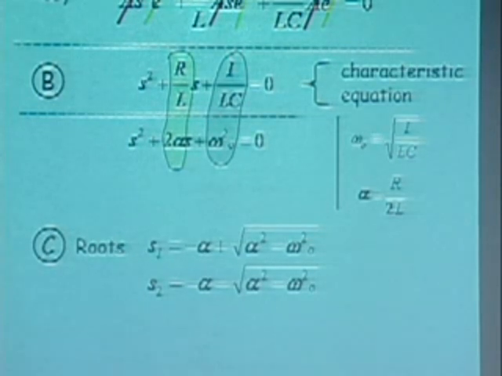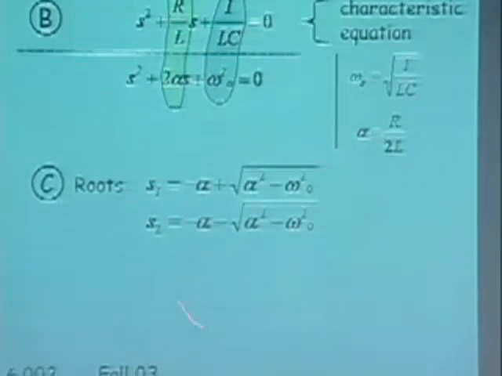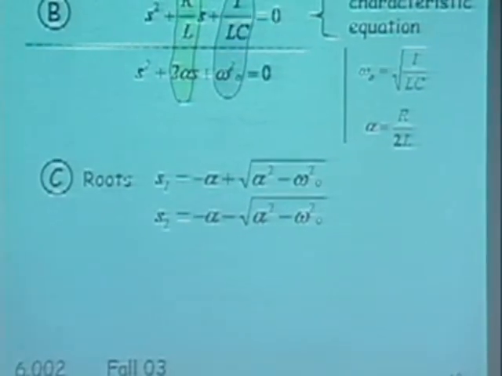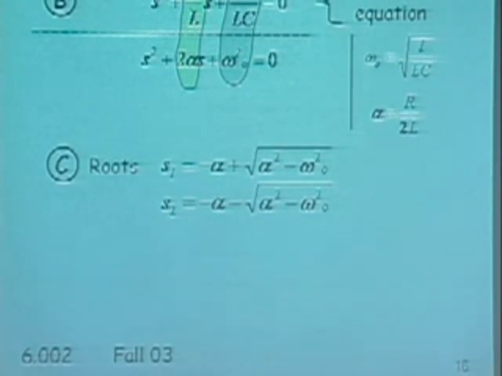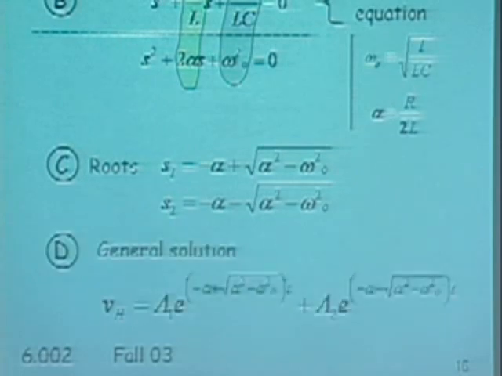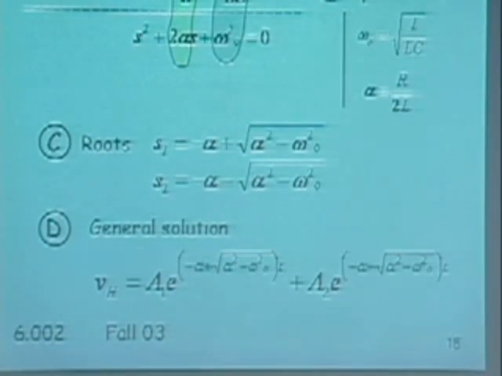My step 3 to solve the homogeneous equation is to find the roots of the equation, S1 and S2, and here are my roots. Good old roots for a second order S squared equation. Finally, given that I have the roots, I can write down the general homogeneous solution: A1 e to the S1t plus A2 e to the S2t.